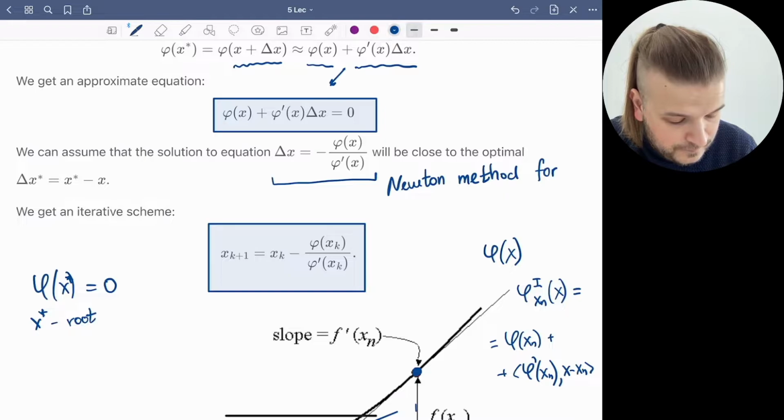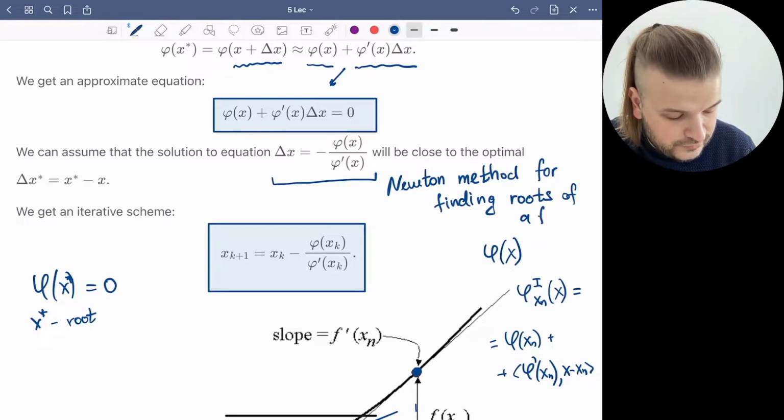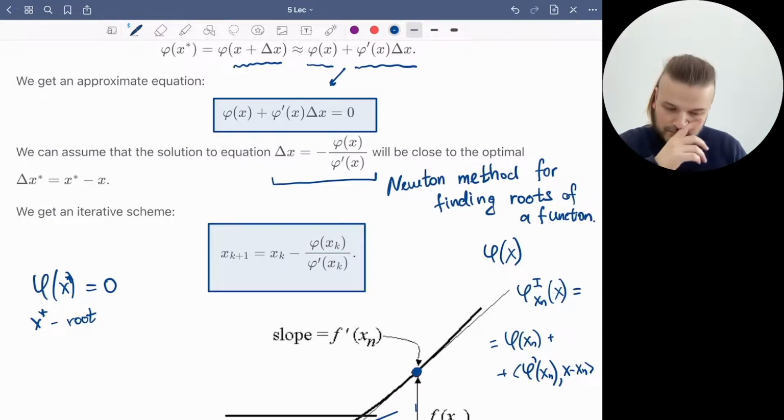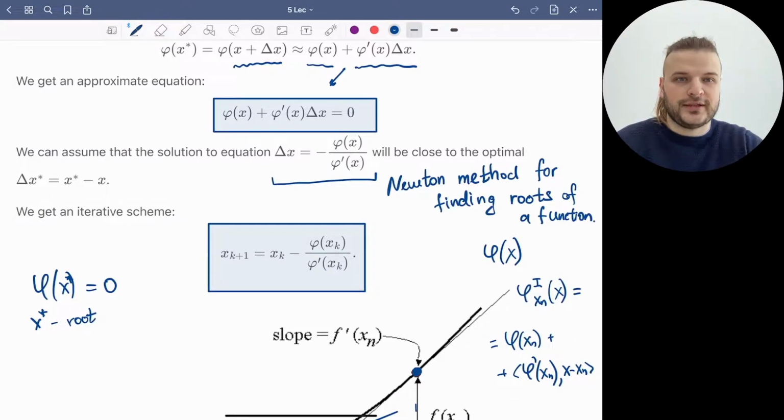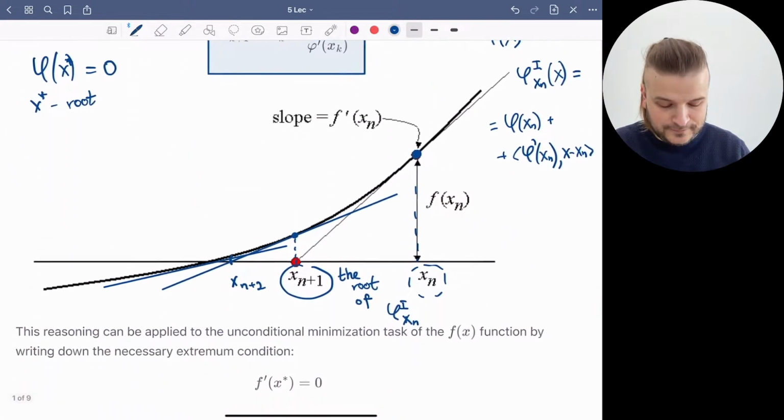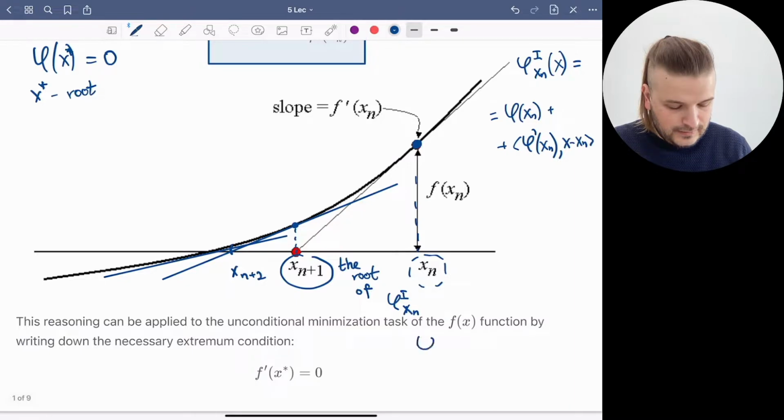for finding roots of a function. But imagine now that our function phi will be the derivative of f.